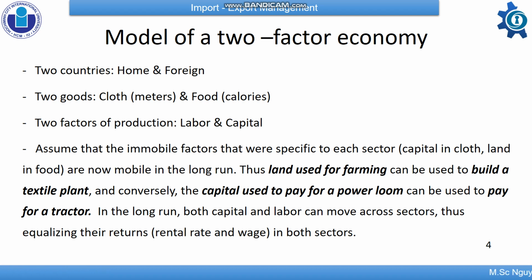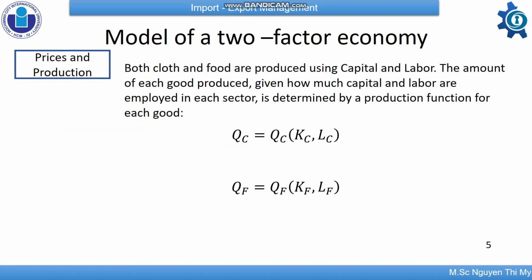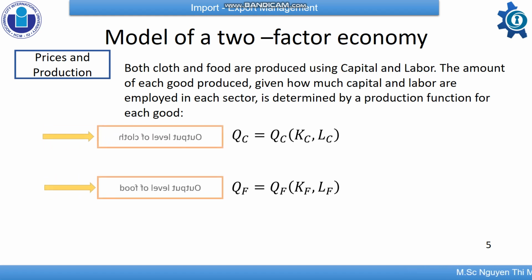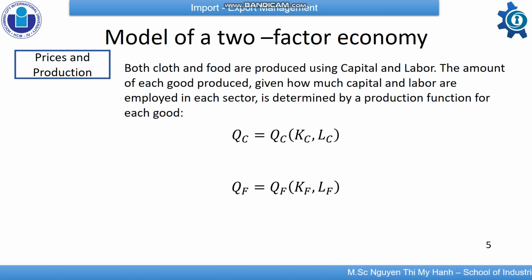Okay, so let's see. We assume that both cloth and food are produced using capital and labor, and the amount of each good produced depends on how much capital and labor are employed in each sector. I will use the notation QC and QF.